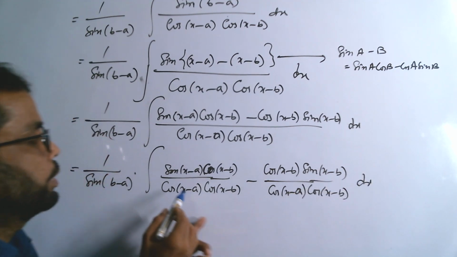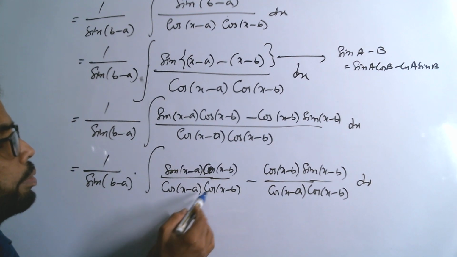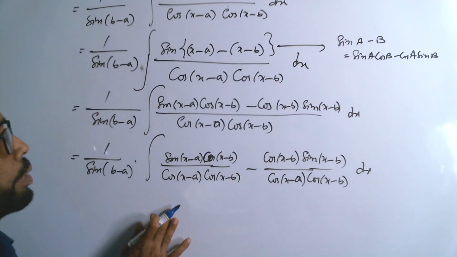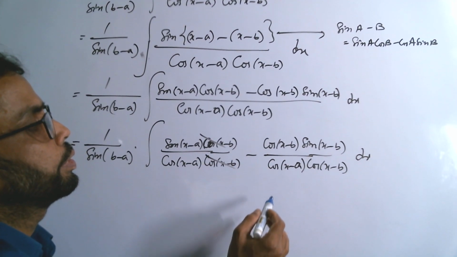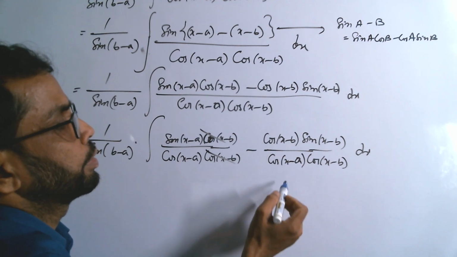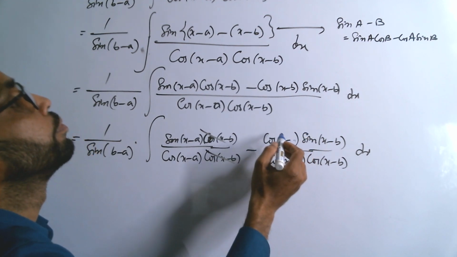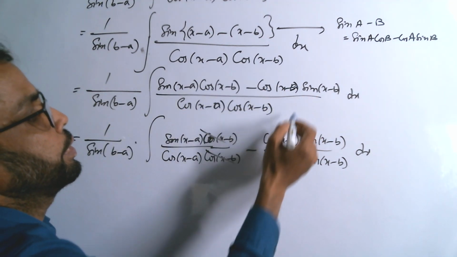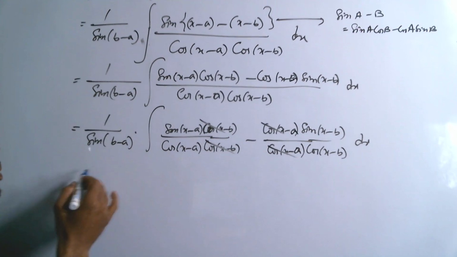Then here cos x minus b is getting cancelled, and here sin x minus b cos x minus a, this is x minus a, so cos x minus a is getting cancelled.